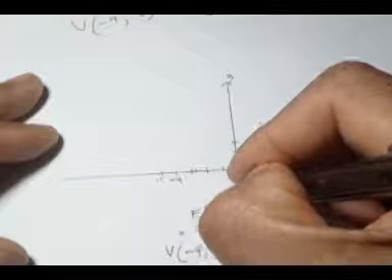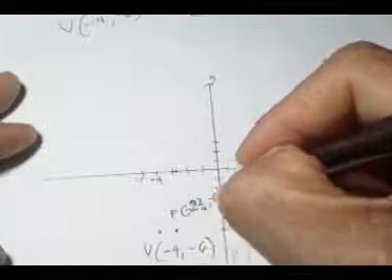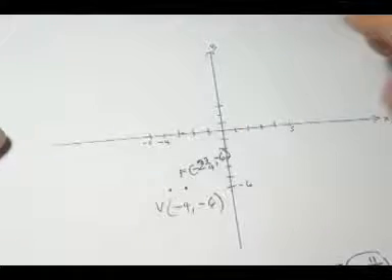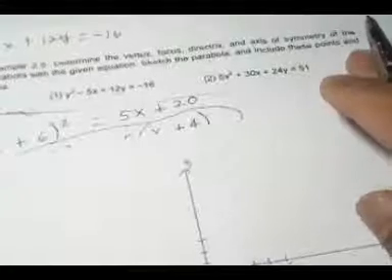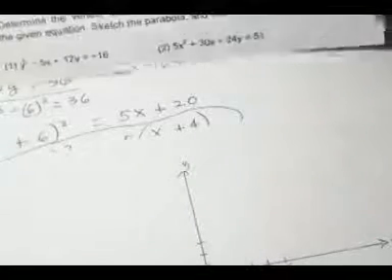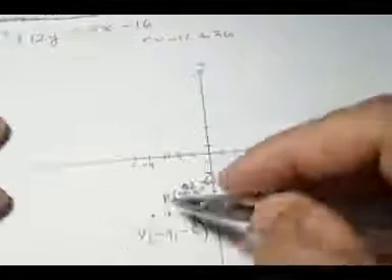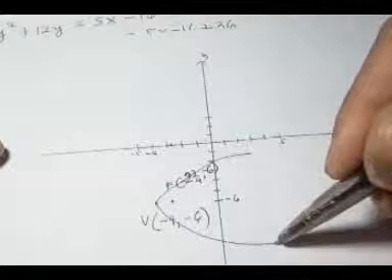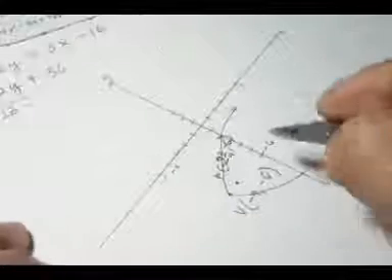Okay, this is negative 2 and 3/4, and negative 6. This is our focus. Then what else? It's the directrix. So you can make the sketch of the parabola. Okay, this is our axis of symmetry.